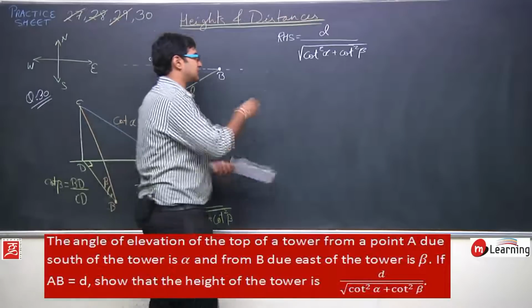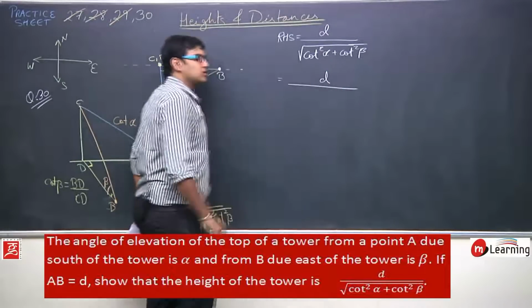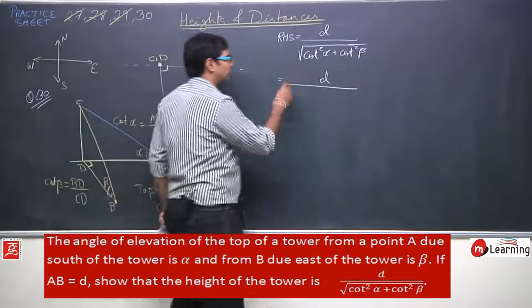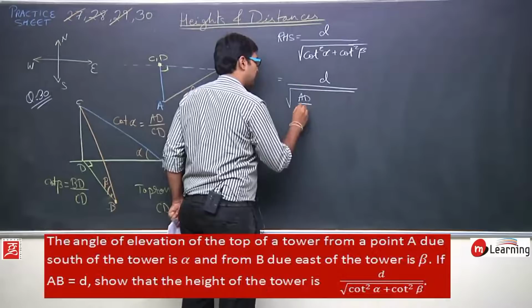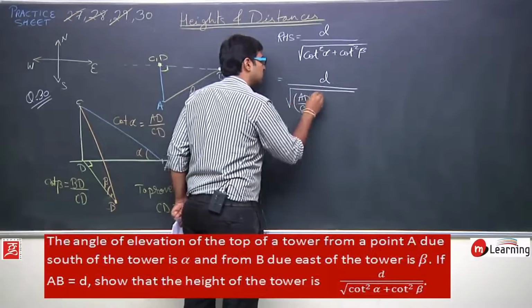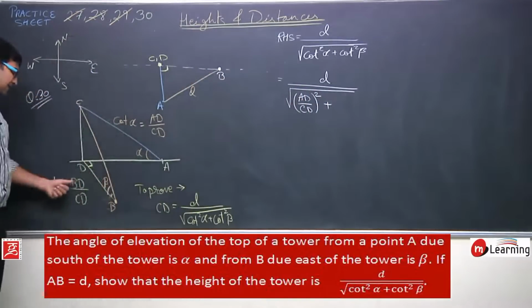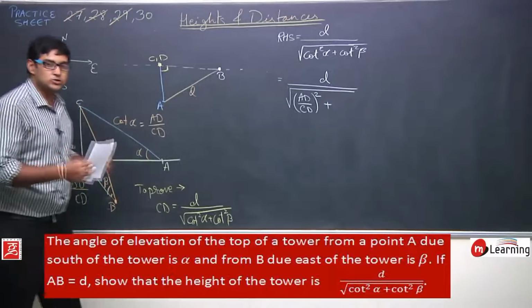So what I will get is equal to D upon, now cot square alpha. Cot alpha is AD upon CD. So in place of cot square alpha, I can write square root of AD upon CD square plus cot square beta. Cot beta is BD upon CD. So square of this means BD upon CD whole square.